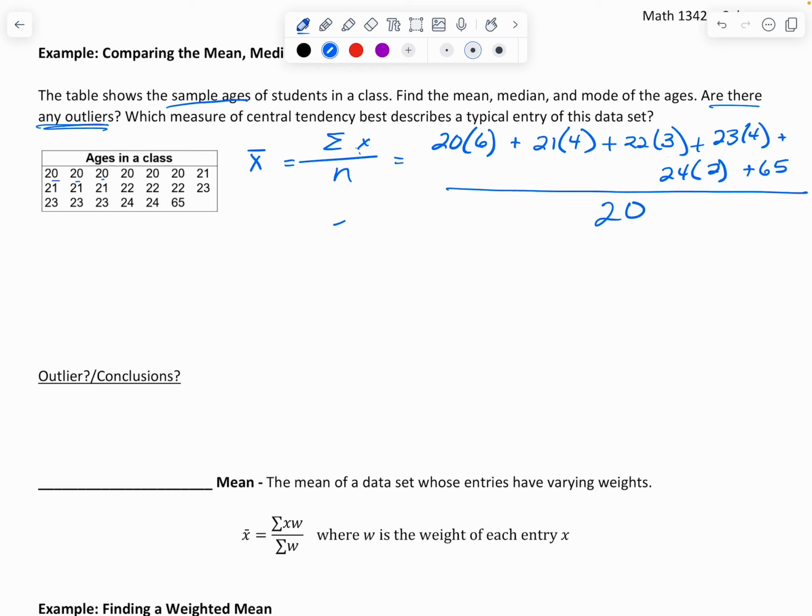If I multiply and add, then I end up with my X bar equaling 475 divided by 20, which is 23.75.